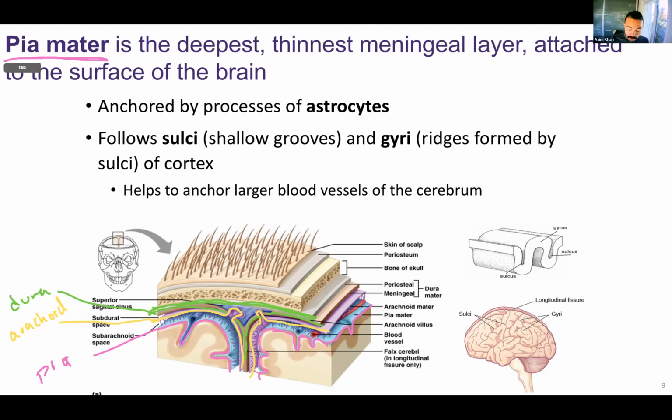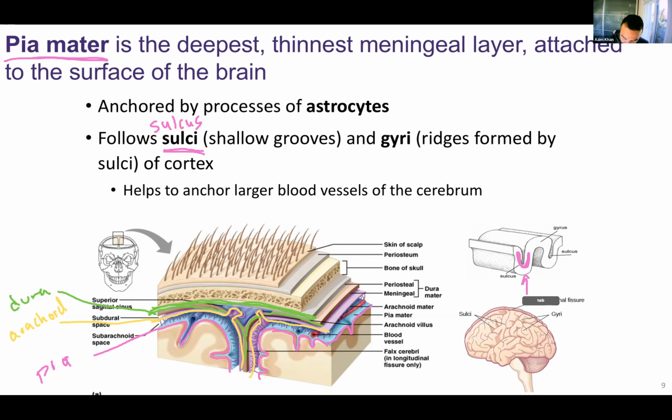The term for a groove into the brain, the deeper part of the wrinkle, plural is sulci, singular is sulcus. So a single groove is a sulcus, plural sulci. Sorry, here's a sulcus right there.